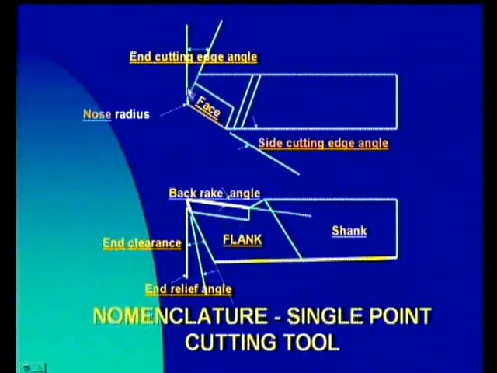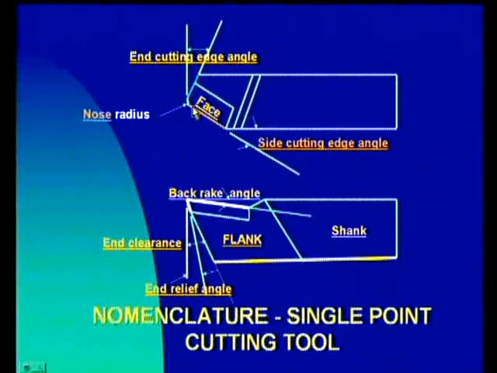In the figure we can see here this is the side cutting edge, this is the end cutting edge, this is the nose. So these 3 together are called the cutting edge.